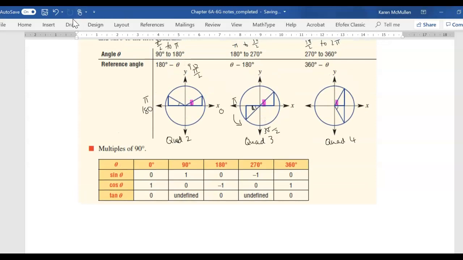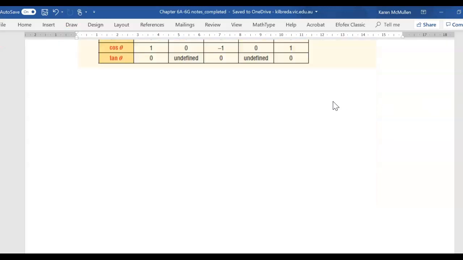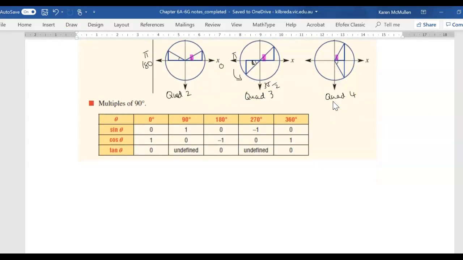This little box here, we've got multiples of 90s. Remember that for your unit circle, we have a radius of 1. That's why we've got 0, 1, 0, negative 1. As we move around the unit circle, if we're starting at this point here, that is the point 1, 0.